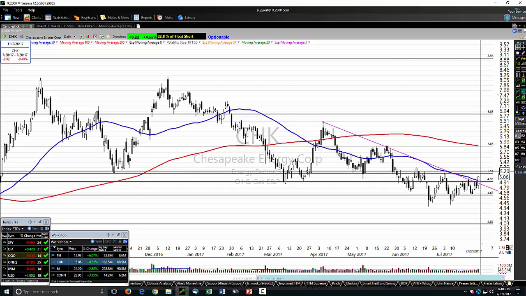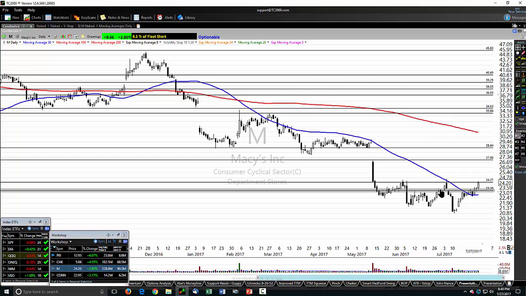So if I'm buying up here, I think I said 515 if I recall, and up here on M, 2430 I think I said. All of these are rounded bottom breakouts, and ideally I would like to see a little pullback here after we've broken out.